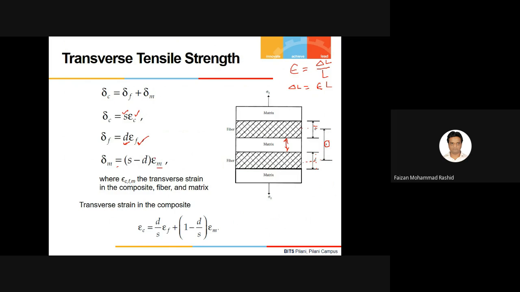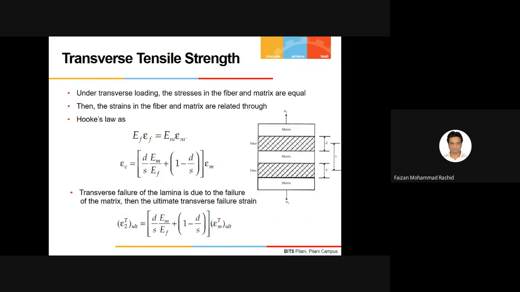So where your epsilon M, epsilon F, epsilon M, and epsilon C are the transverse strain in the composite material. Okay. So the transverse strain in the composite material, what I need to do, if I put all these values here, this here, and this here, I will get an expression like this one. Okay, where I should know the value of my D value, S value, epsilon F, and epsilon M.